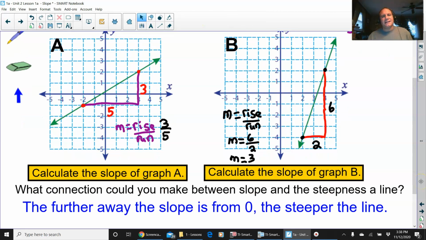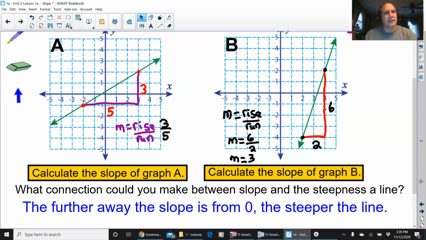So you're writing that down. The further away the slope is from 0, the steeper the line. What connection can you make between slope and the steepness in a line? Well, the further away the slope is from 0, the steeper the line. So line B had a slope of 3. Line A had a slope of 3 over 5. The further away from 0 that the slope is, the steeper the line. B is steeper, and that is that.